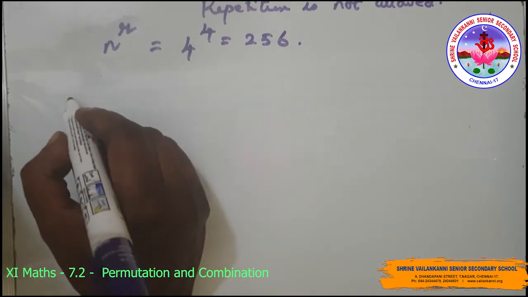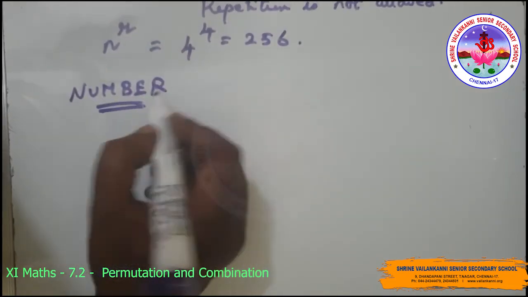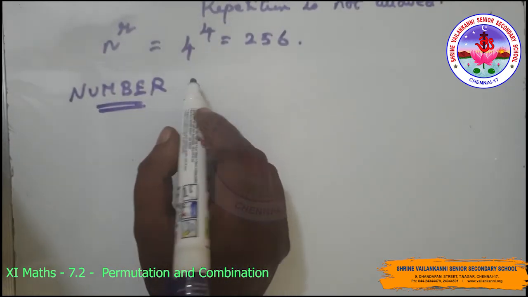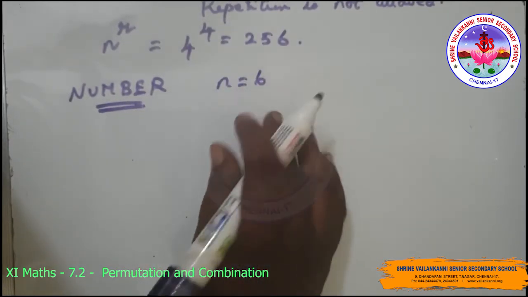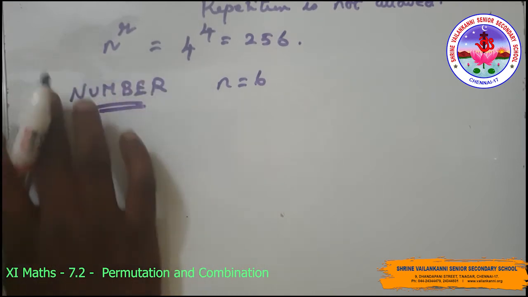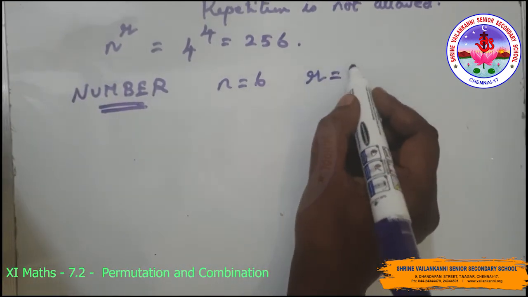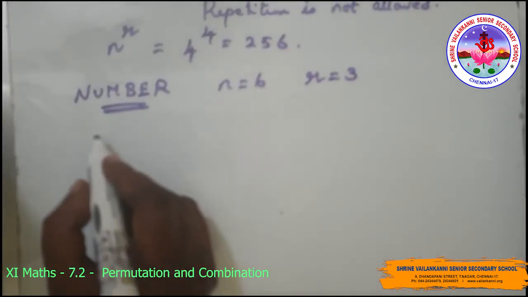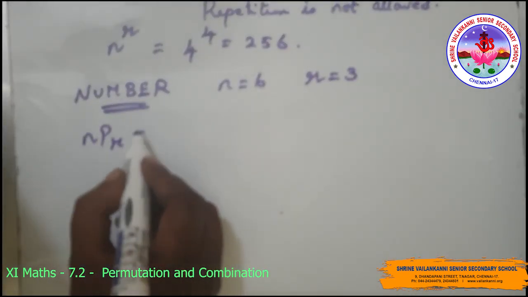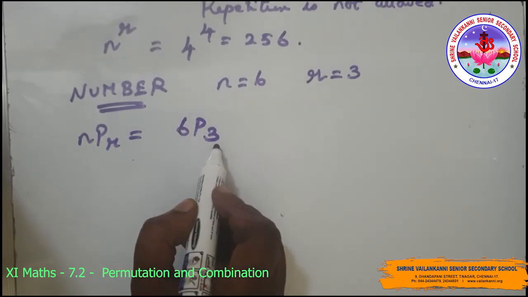So let's take another example. There are 6 letters in a word, so n is 6. We have to form 3-letter words from these 6 letters. So we are taking 3 letters at a time, that is r is 3. So using the formula nPr, which is 6P3. So out of 6 we are going to take 3 at a time to form 3-letter words.